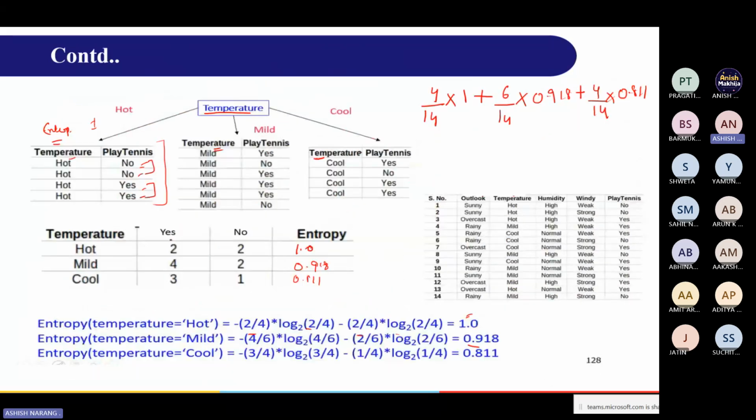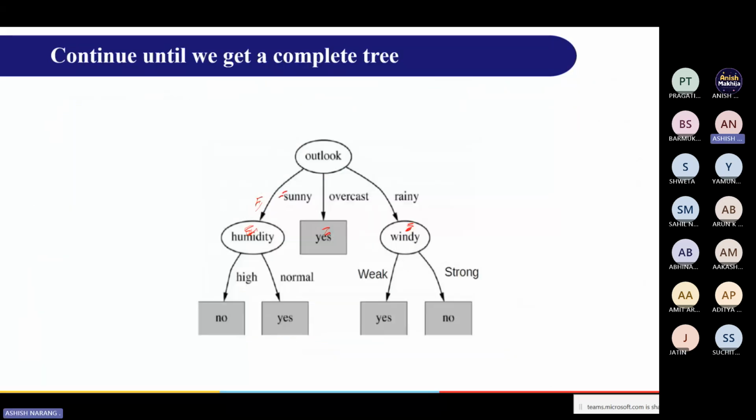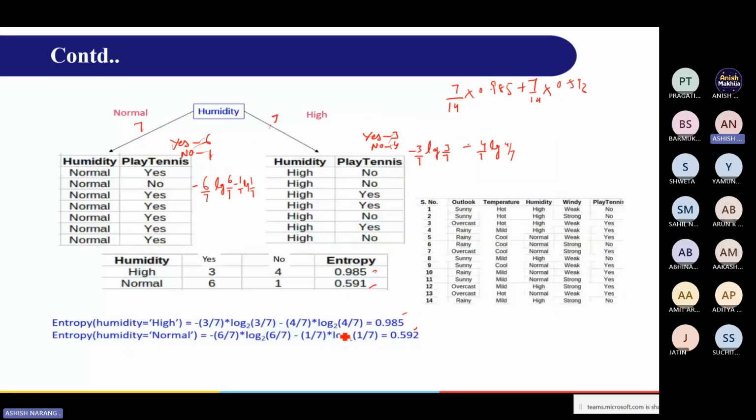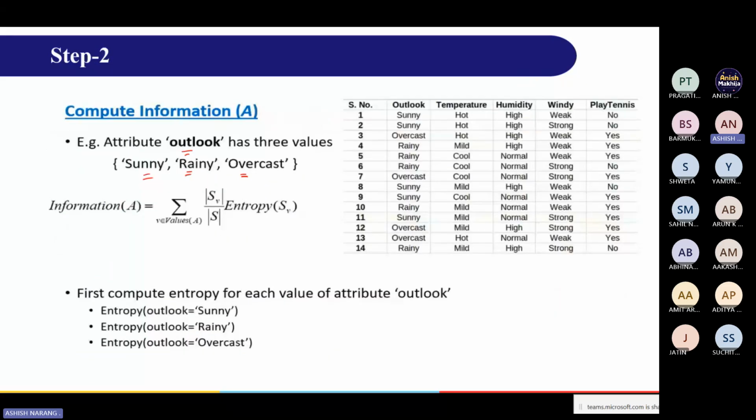And for one branch at least, this humidity branch, after Outlook, take this Sunny branch and calculate those values for humidity, windy, as well as temperature, and then find out whether humidity is the right fit here or not. I can give you the data set because you require it to do that.